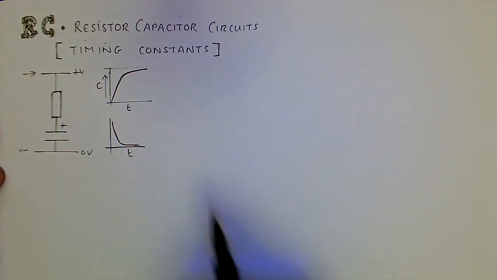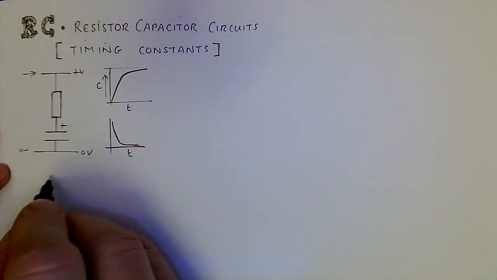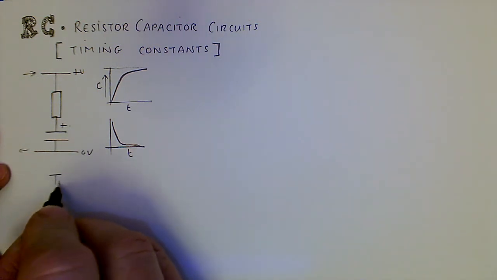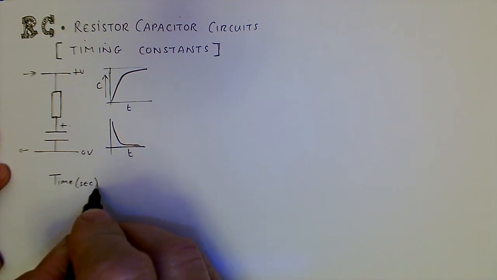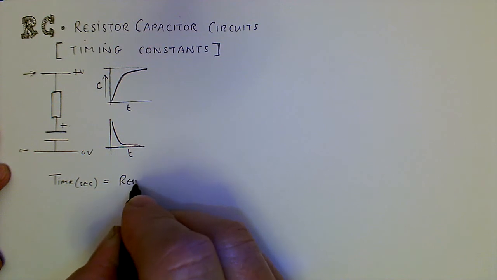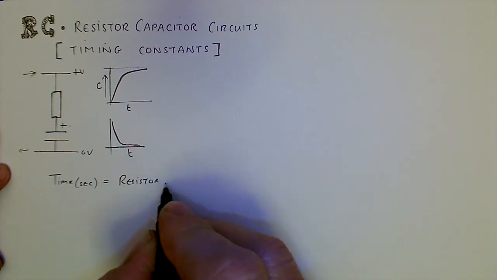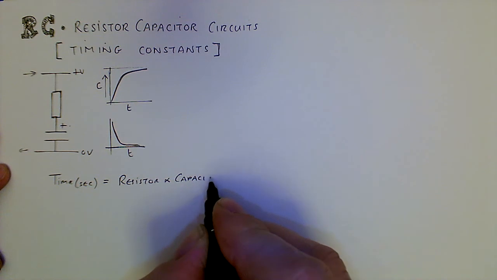Now what's interesting is you can add in a resistor to the situation and you get a formula: time, which is in seconds, is equal to the resistor times the capacitor.